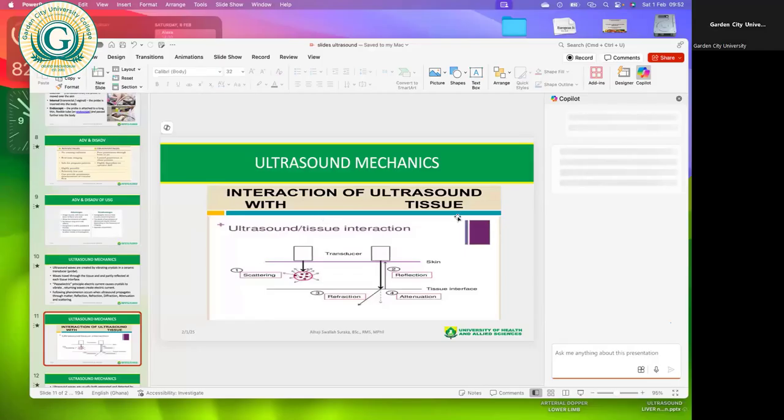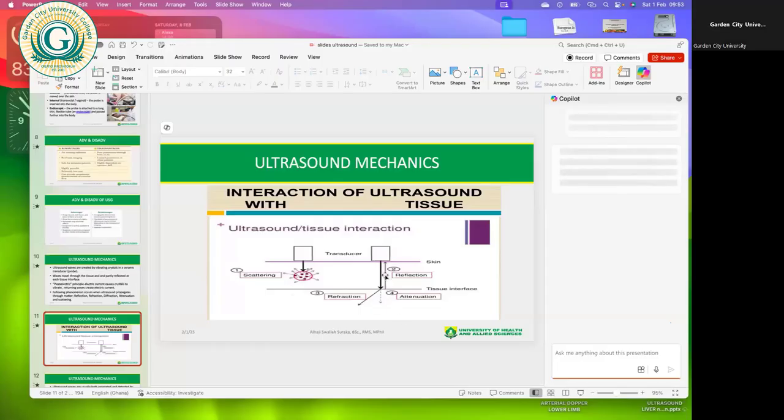This is an image illustrating the interactions of an ultrasound. We have our transducer here. This flat surface happens to be our skin. The transducer sends the sound frequency down into your body. When the sound interacts with your body, different phenomena occur. Some reflect back, some refract, some diffract, some scatter.